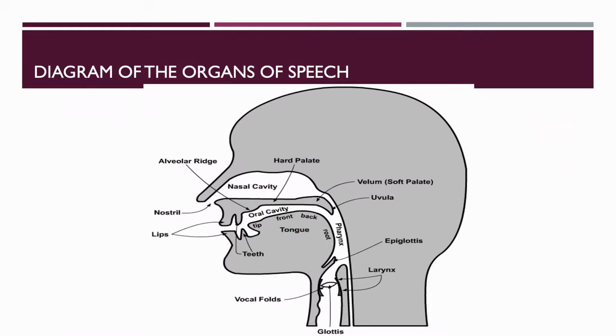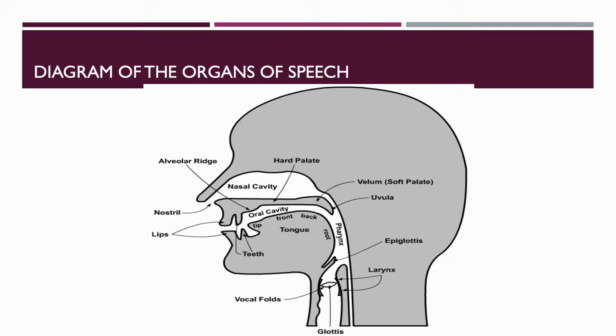Now, this is a diagram of the speech organs. You need to know the names of these organs of speech, where they are located, and their functions. Study them properly. You can see the lips, the nose ridge, the alveolar ridge.